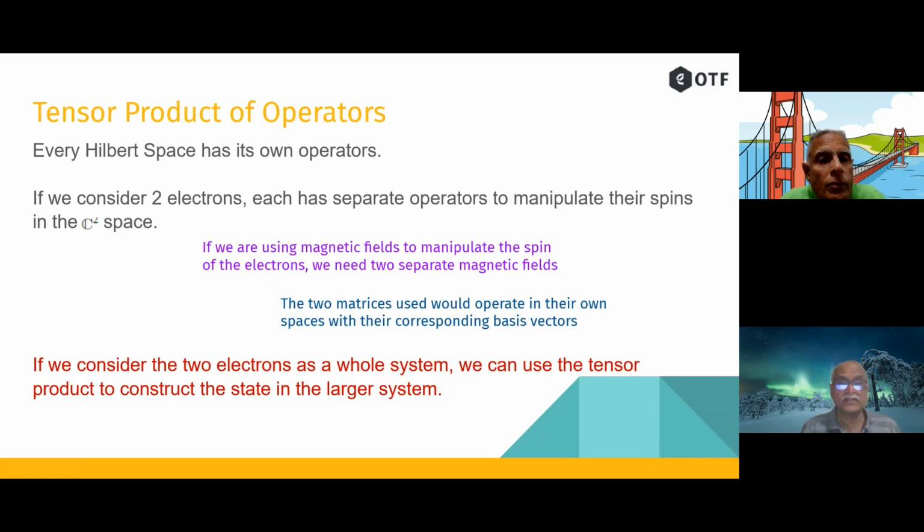So what I can typically think about is something like this. If I consider two electrons as a complete system, then I can define a tensor product to construct the state in a larger system. What is that larger system? It is a four-dimensional system, a C4 type of space.